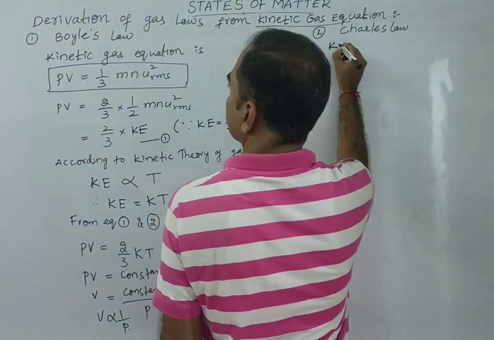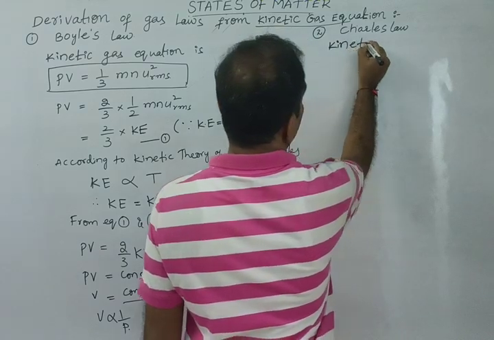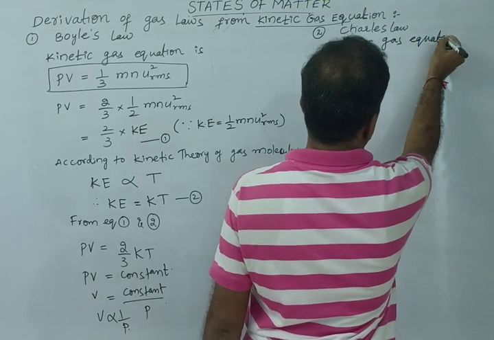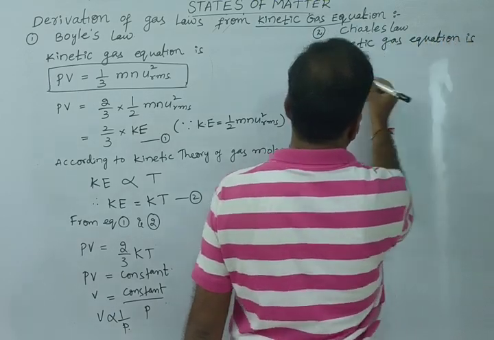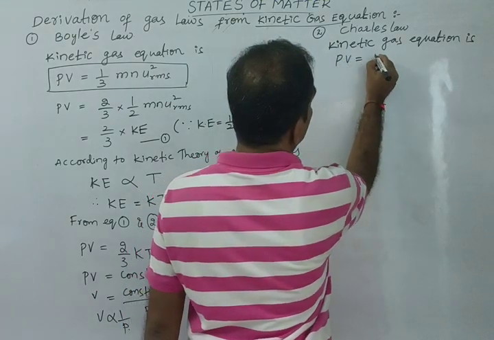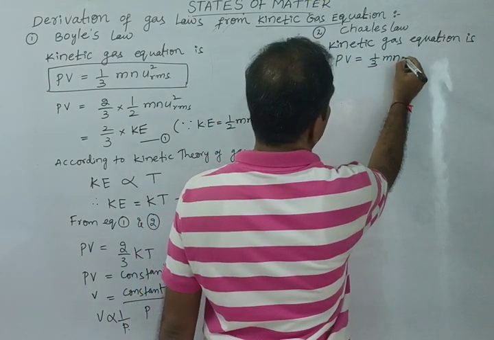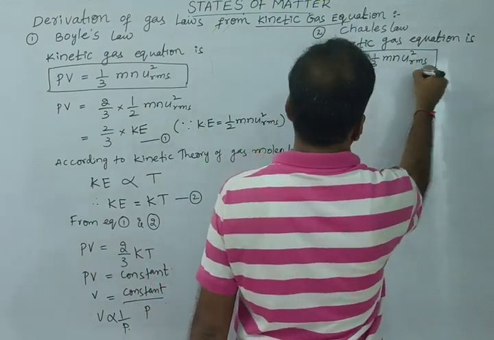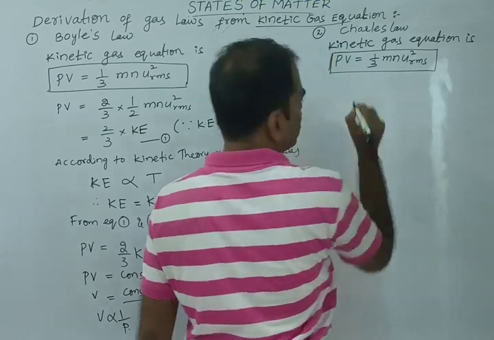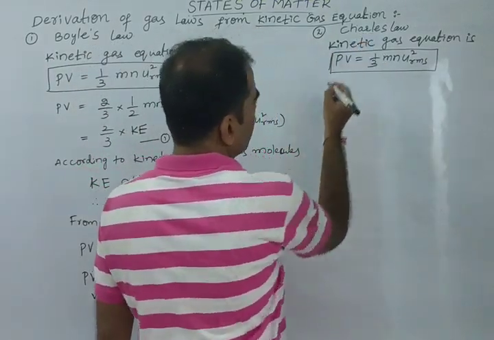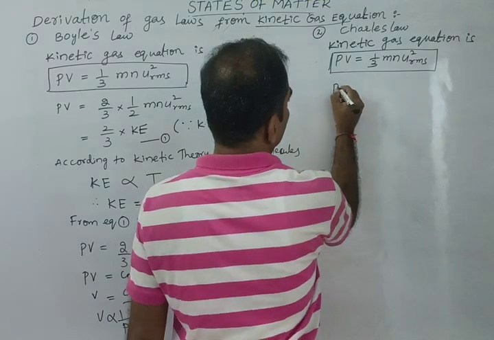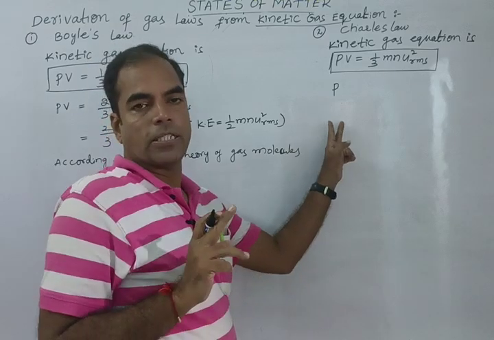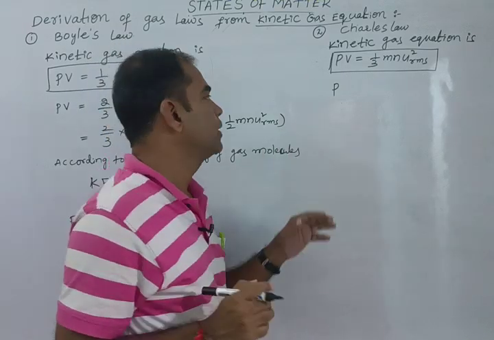The kinetic gas equation is PV equals 1 by 3 mn u square RMS. Next, according to Charles law: what is Charles law? At constant pressure, the volume of a given mass of gas is directly proportional to temperature.